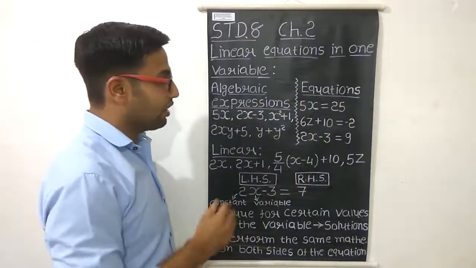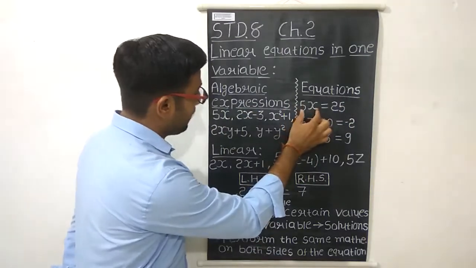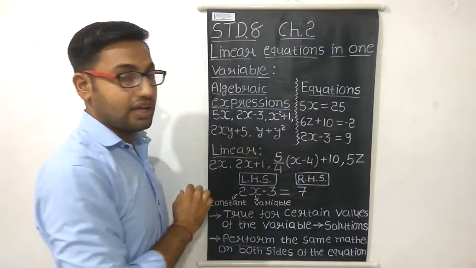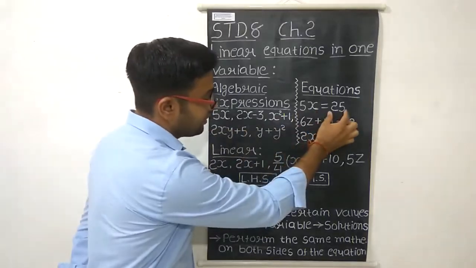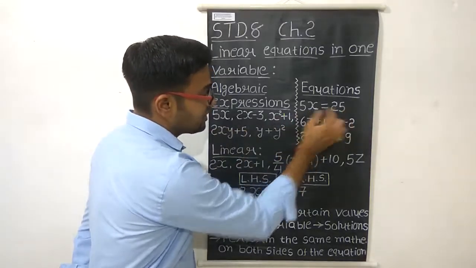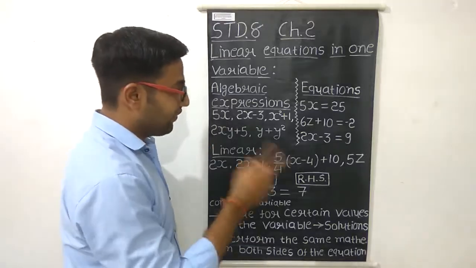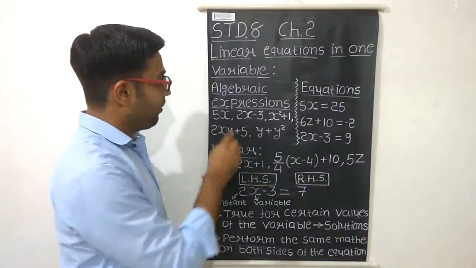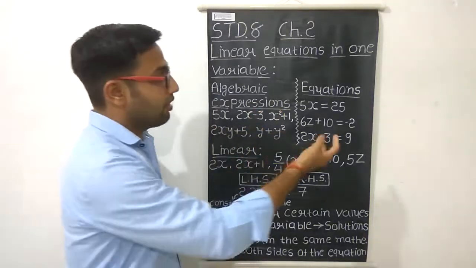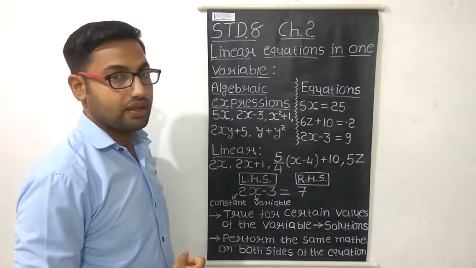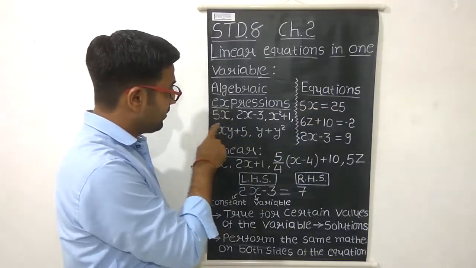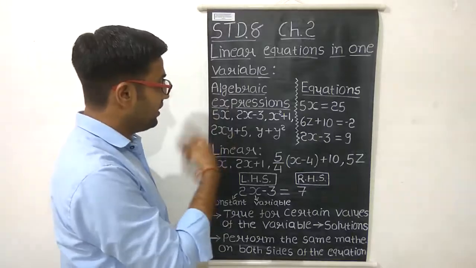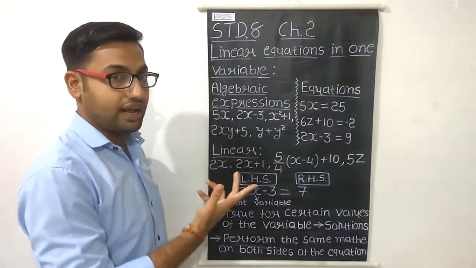What are we doing actually? 5x is one kind of algebraic expression, and here we have fixed the value of this expression, right? So by fixing the value of the expression, it becomes an equation, right? Here as you change the value of x, you get a different value of 5x every time.